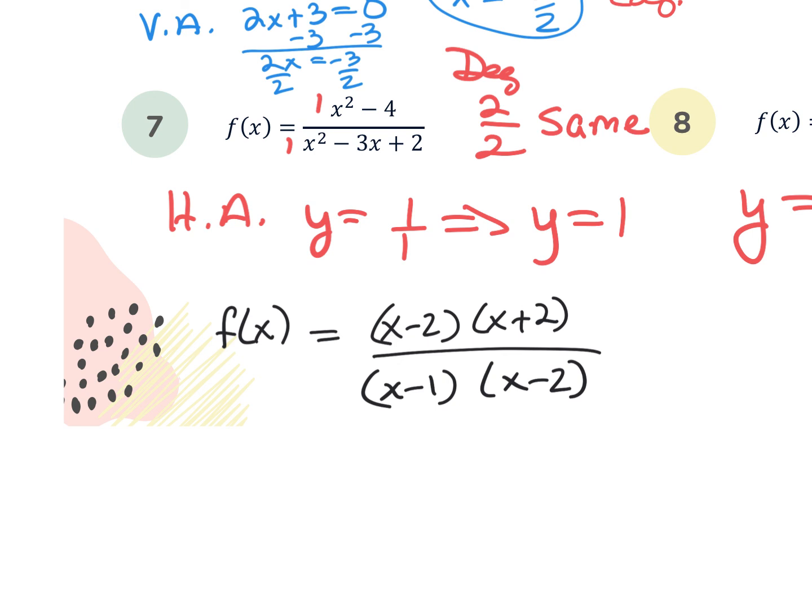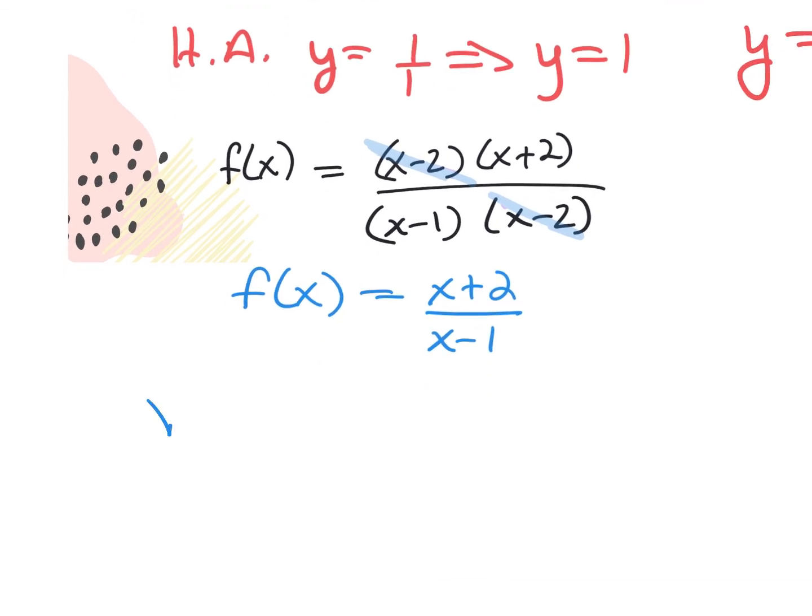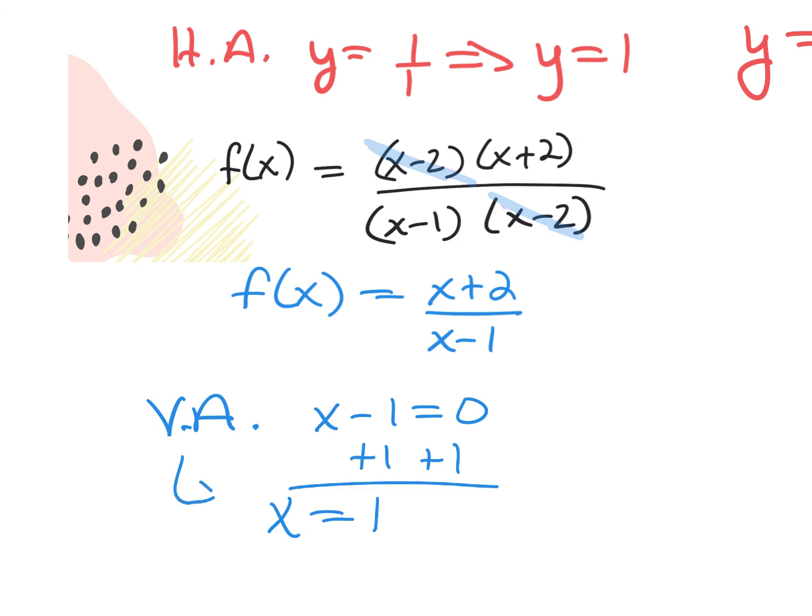My x minus 2's will cancel. So my simplified function first, f of x is equal to x plus 2 over x minus 1. For the vertical asymptote, we set the simplified function's denominator equal to 0. Add 1. My vertical asymptote is located at x equals 1.